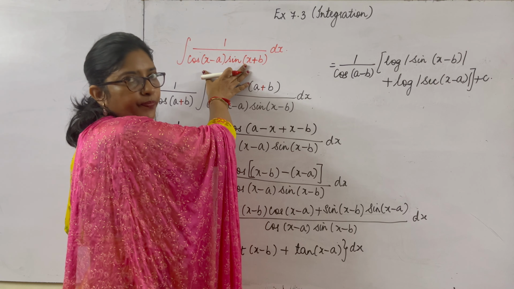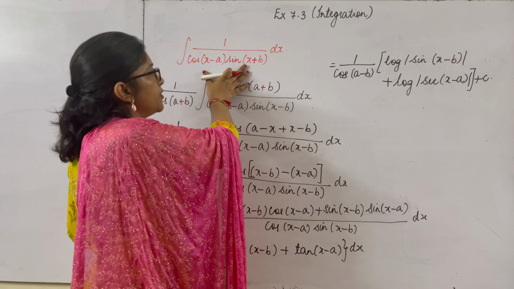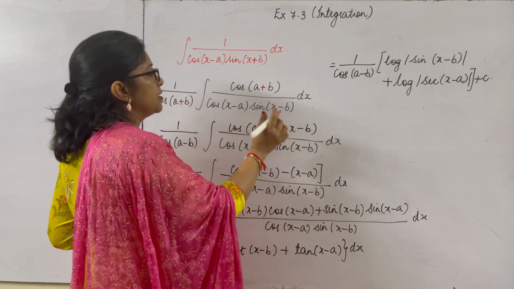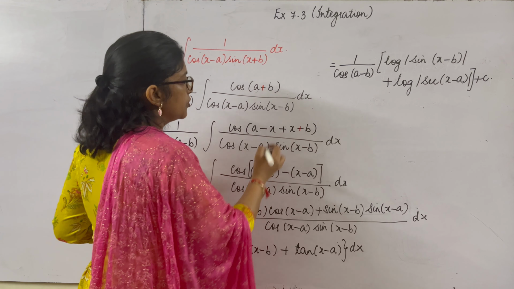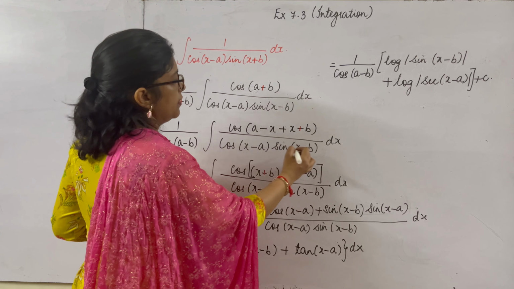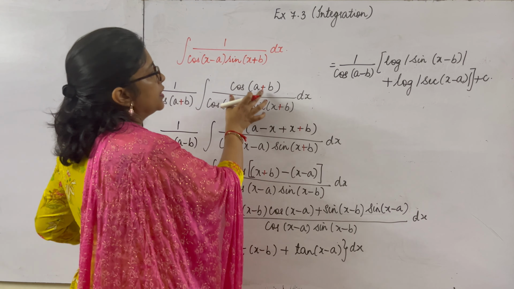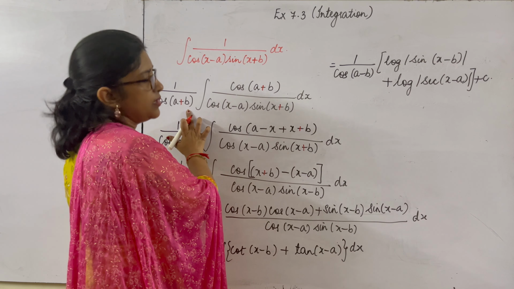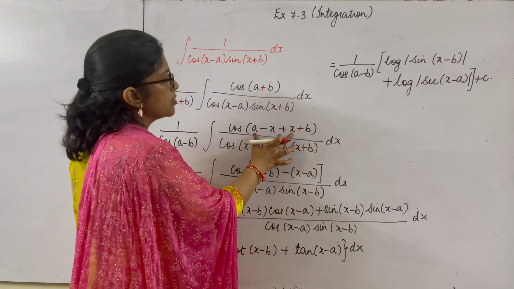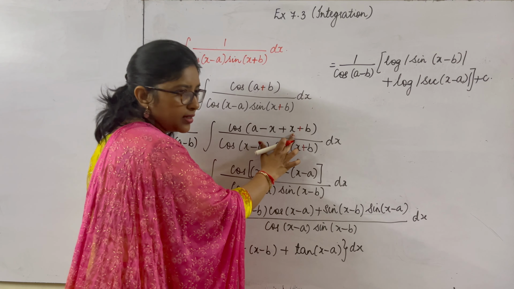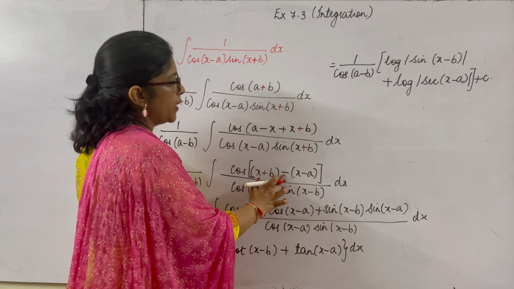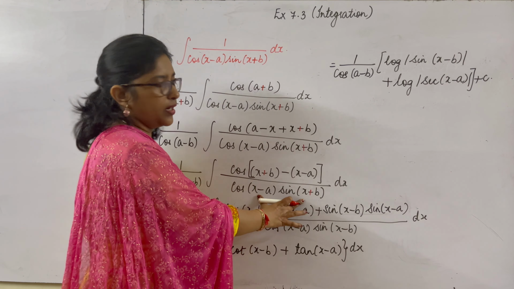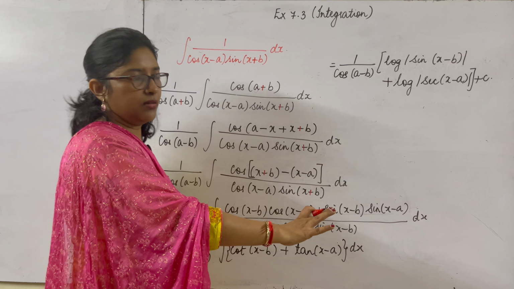Same function, multiply and divide with sine. Different function, multiply and divide with cos. And the angle also you should think accordingly. So it would go like this. If it was x plus b, then we would multiply and divide with a plus b angle, and when you adjust this, you subtract and add x, and x plus b minus x minus a. So now you see that the angles will be same and the rest remains similar.